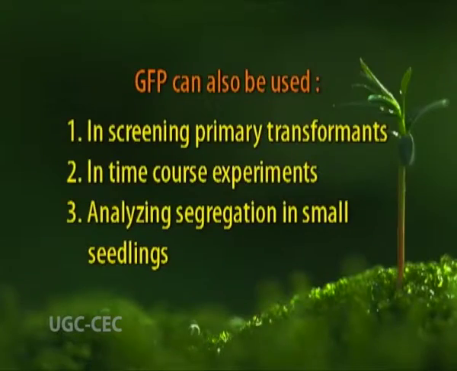The expression can be assayed not only to localize the protein, but also to gain a fair estimation of its concentration. The GFP can also be used in those cases where Gus cannot be used. For example, in screening primary transformants, in time course experiments, and analyzing segregation in small seedlings.